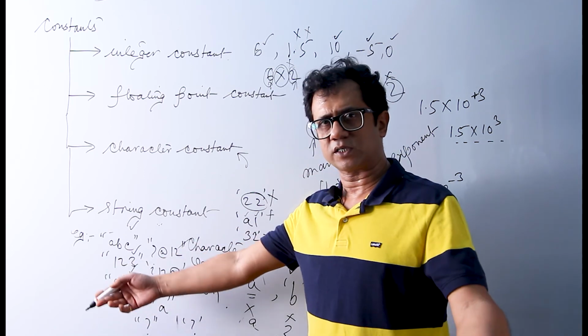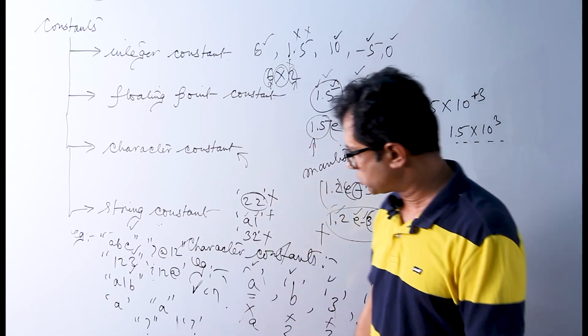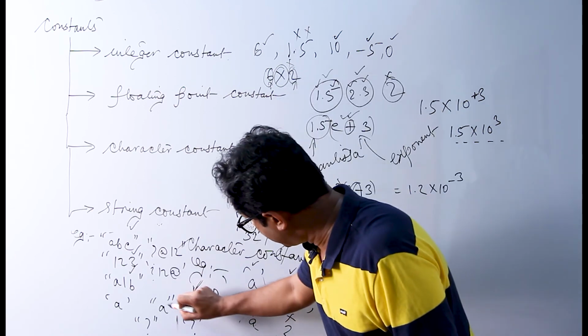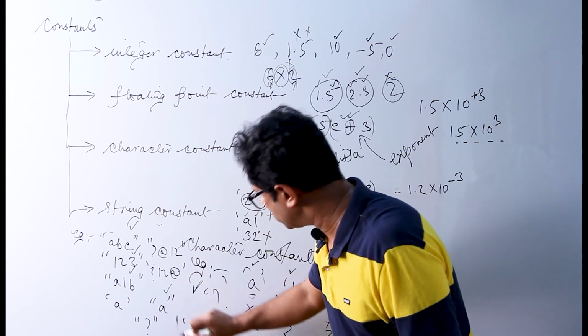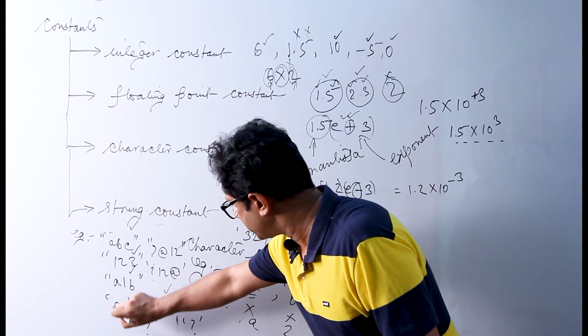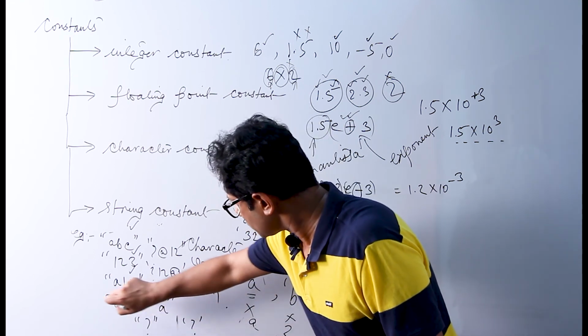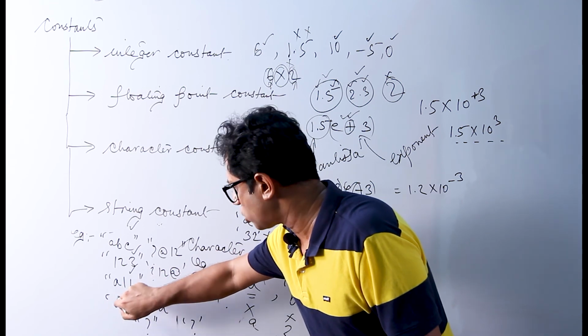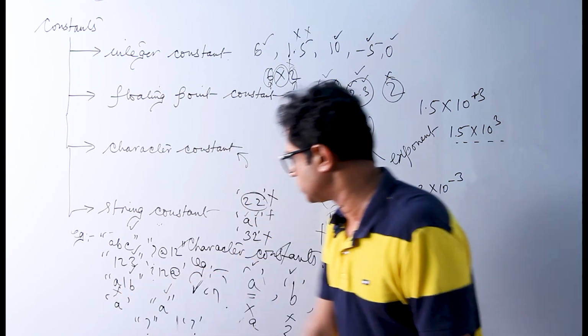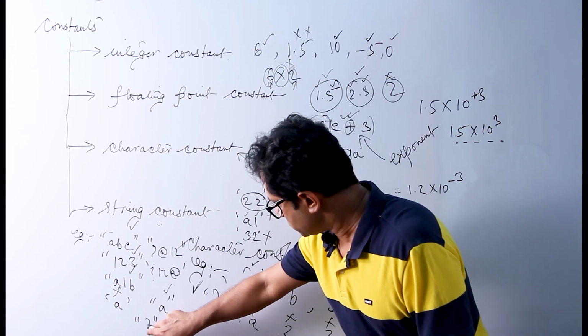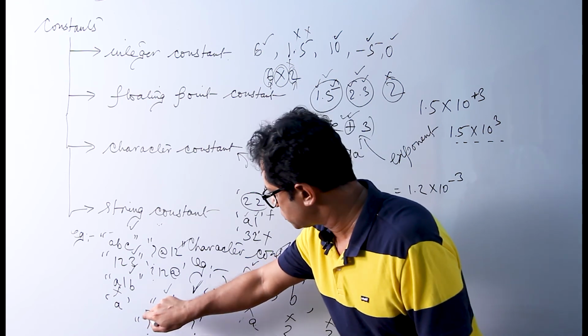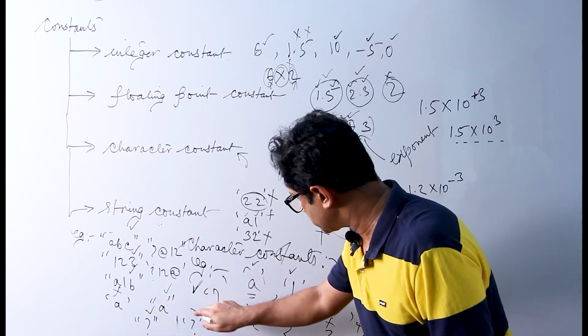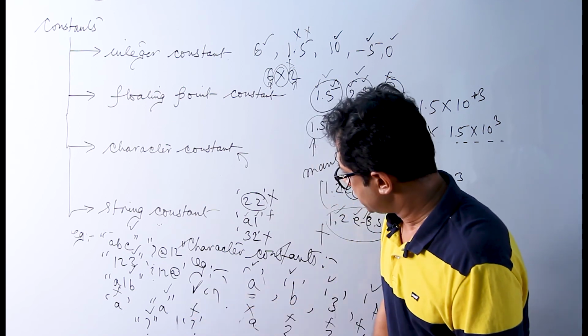A string constant can contain a single character as well, as we see over here, enclosed in double quotes, then it is a string constant. But if a single character is enclosed in single quotes, this is not a string constant, this is a character constant. So this one, a single character enclosed in double quotes, is a string constant. This is not a string constant, it is a character constant.